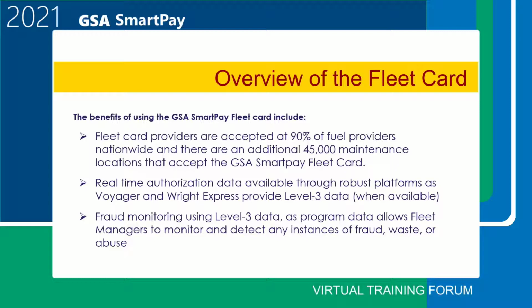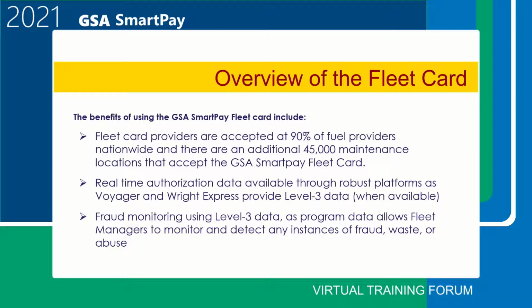Also, the banks or your fleet card provider, so I should say WEX or Voyager, also have pretty robust platforms that you can log into. They provide your level 3 data, which gives you your gallons and your price per unit. They also have real-time authorization alerts, so you can really see what's happening in your fleet in real time. This is very helpful, I know, for a lot of agencies, OIGs, if there's misuse or fraud. That goes to the next point here.